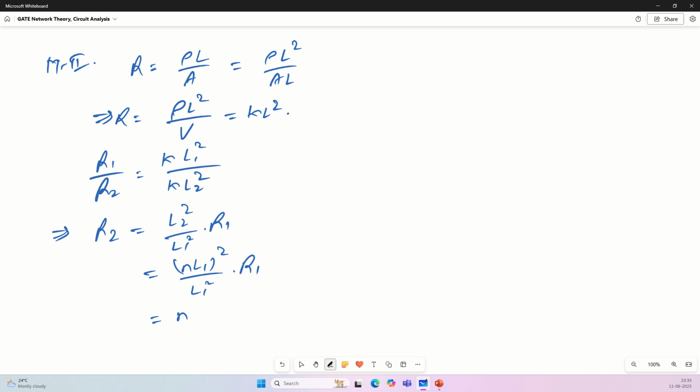So that is nothing but N square, and L1 will get cancelled. So it will become N square R1. So my R2 is nothing but N square times R1. That's all. So this was the solution for this particular question.